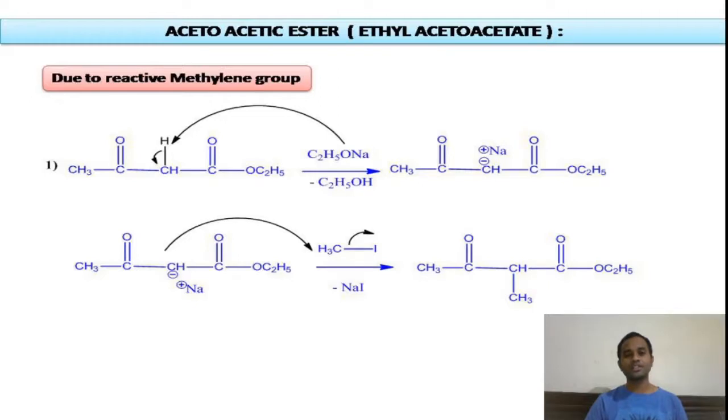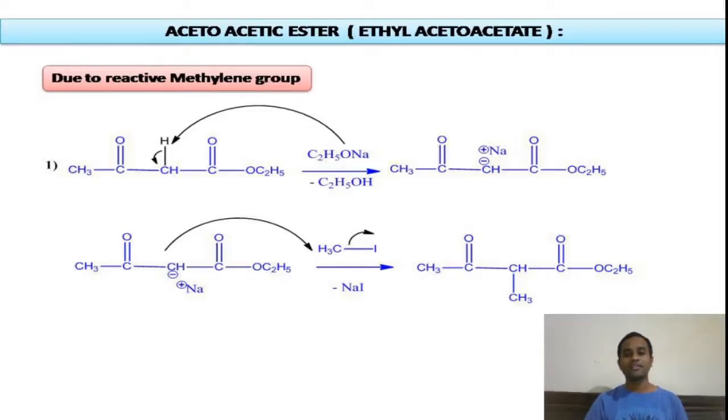We use this acetoacetic ester in organic synthesis to prepare variety of compounds, to prepare variety of carboxylic acids as well as variety of ketones, that is methyl ketones. Right? Why does this acetoacetic ester have such valuable synthetic importance? Because this acetoacetic ester is an example of active methylene compound.